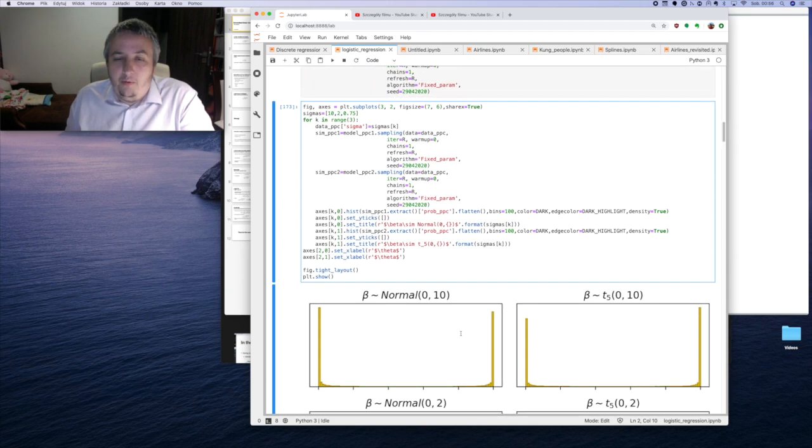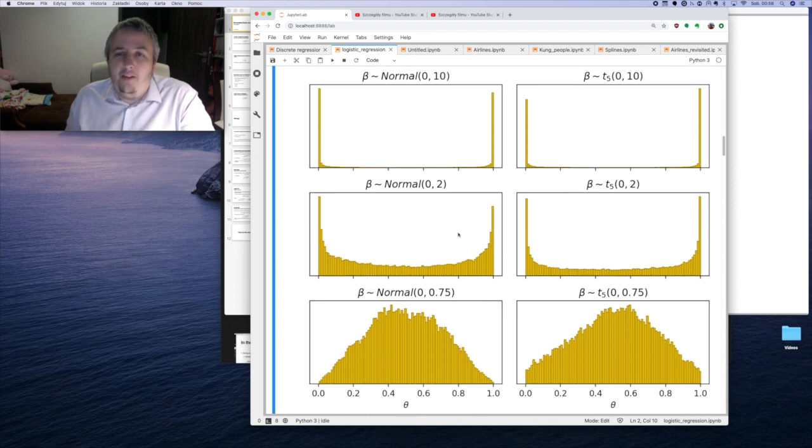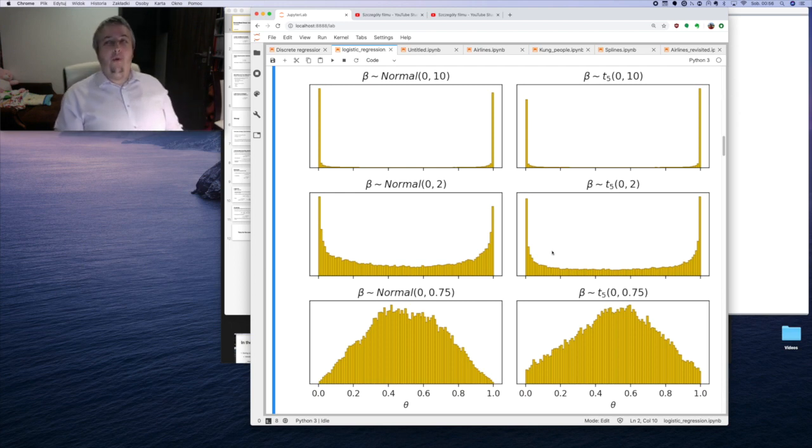So we have three sigmas, 10, 2, and 0.75, and we tried them with both the normal and the Student T distribution, with 5 degrees of freedom.